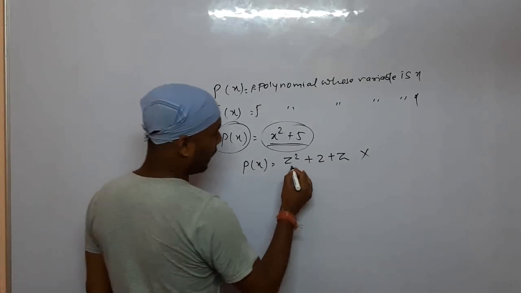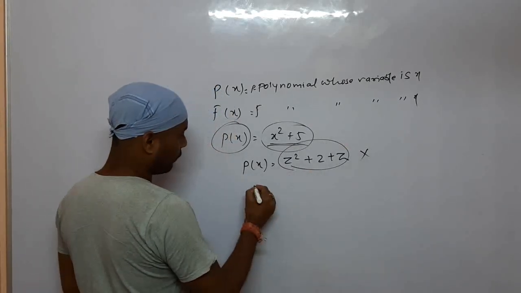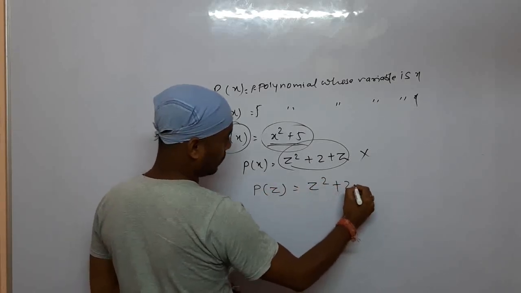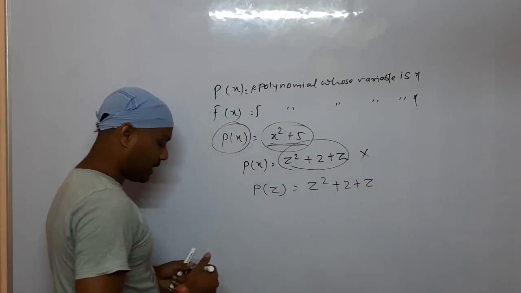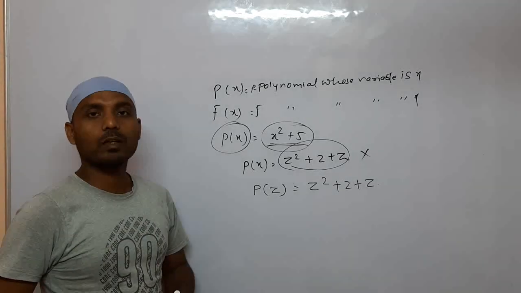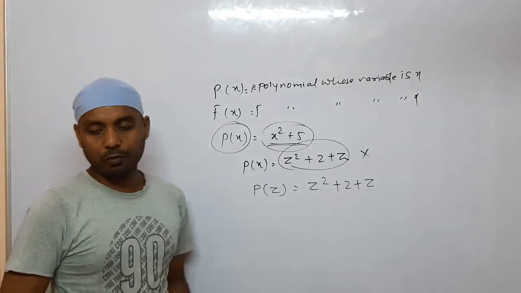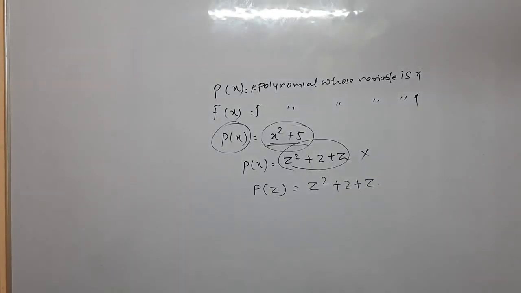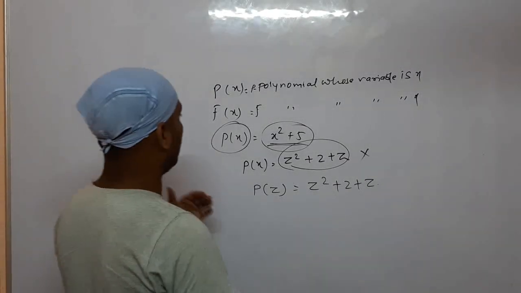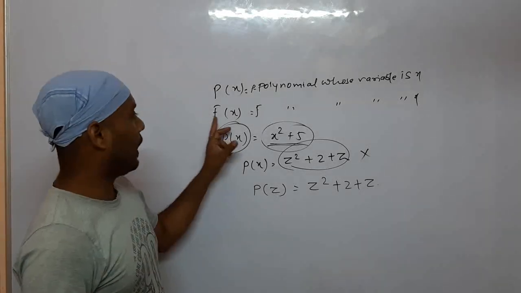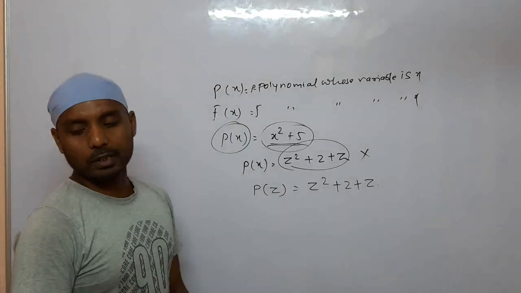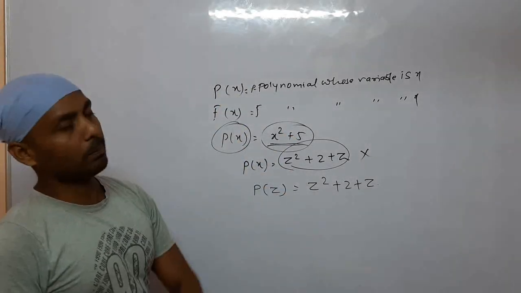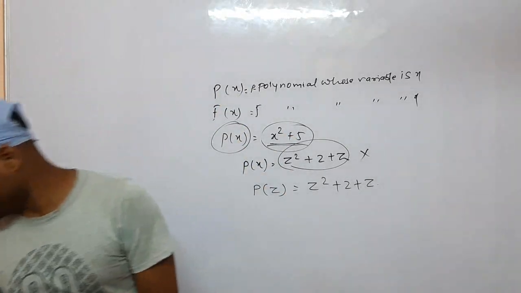For this you have to write p(z) equal to z square plus 2 plus z. So this is the meaning of p(x), f(x), r(x), g(x), whatever you consider. f(x) will always represent the polynomial in terms of x, and p(x) will always represent the polynomial in terms of x.